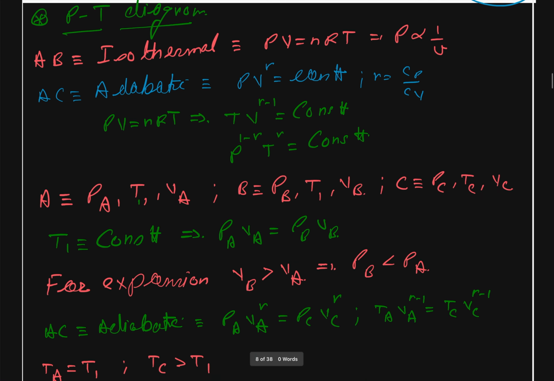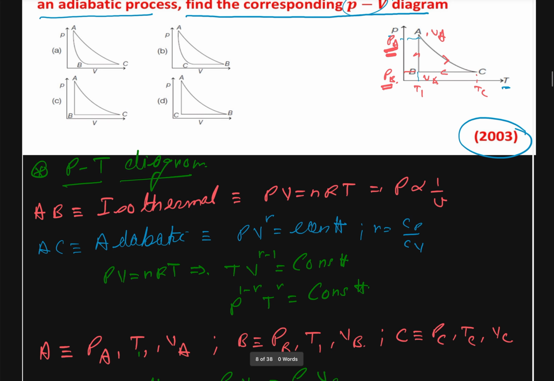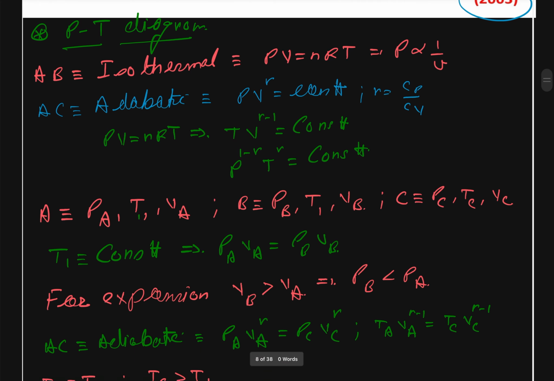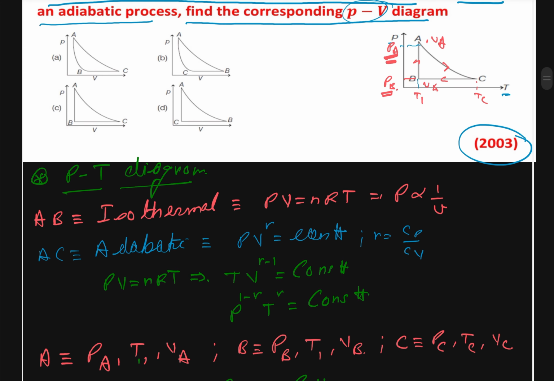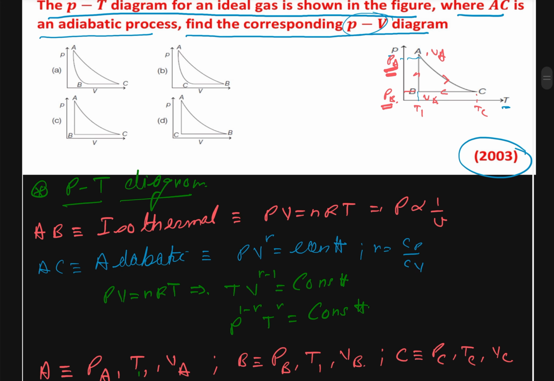Isothermal is there and it is expansion, so VA is greater than VB. Or we can use this as area under the curve. I think that will be much better.